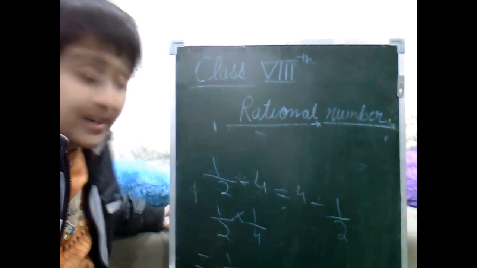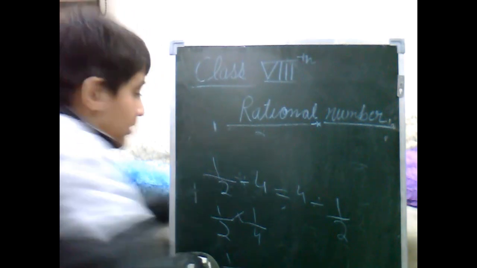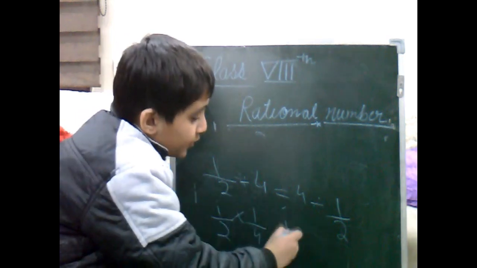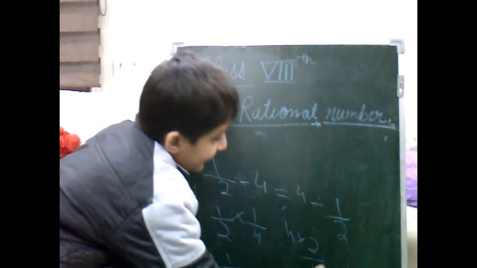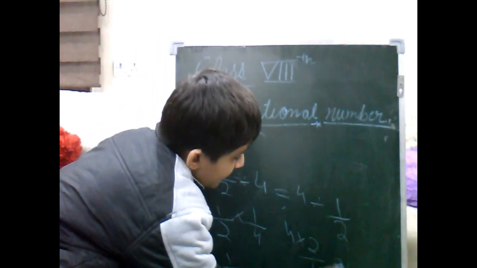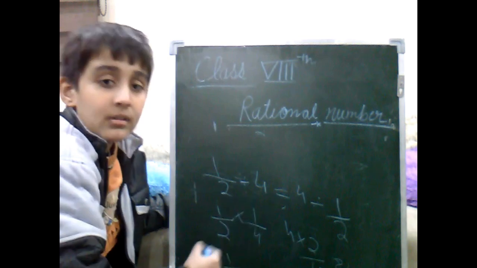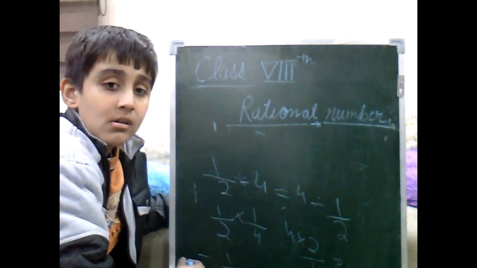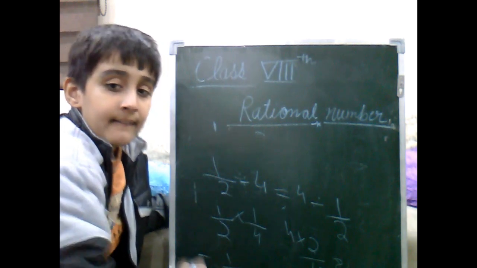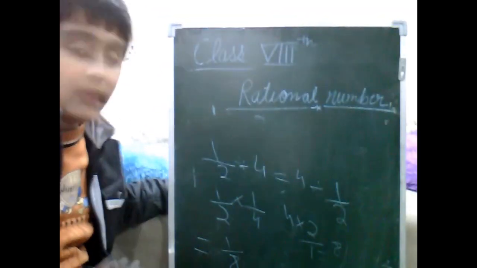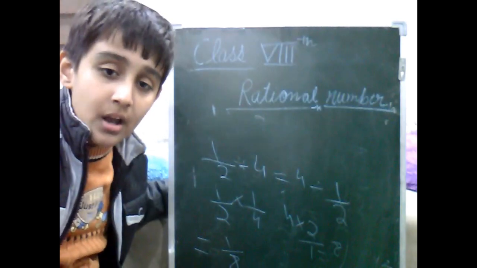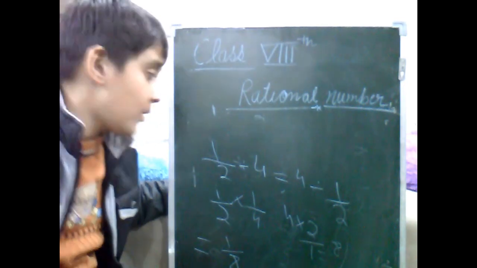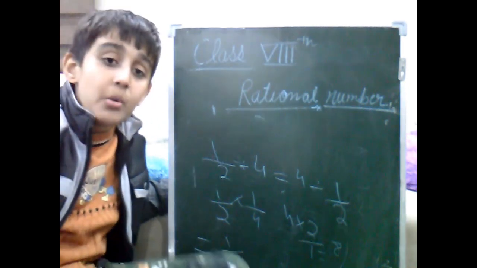Now what is 4 divided by 1 upon 2? It is 4 into 2 upon 1, and it is 8. So 4 divided by 1 upon 2 is 8, and 1 upon 2 divided by 4 is 1 upon 8.